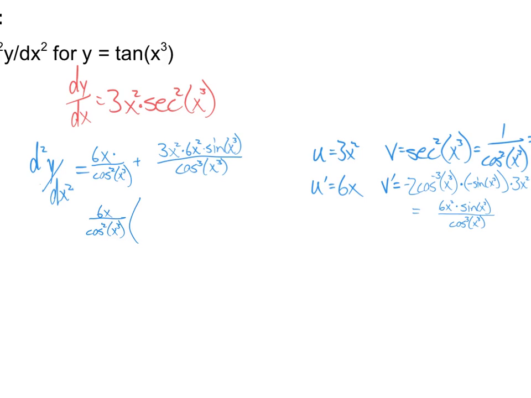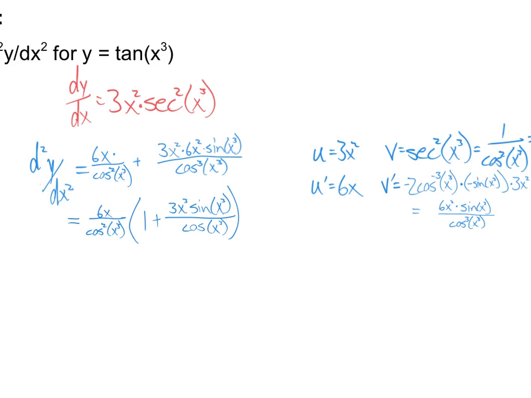So I'm going to factor that out, and I get a 1 plus 3x cubed sine of x cubed over cosine of x cubed. Notice the cosine is to the first now because I took out 2 of those.